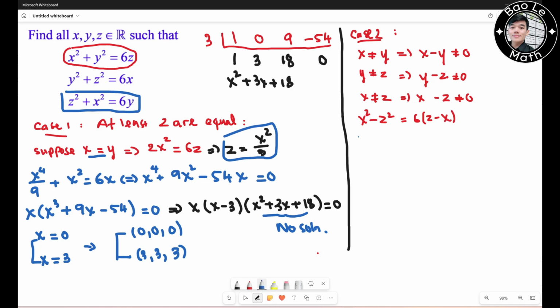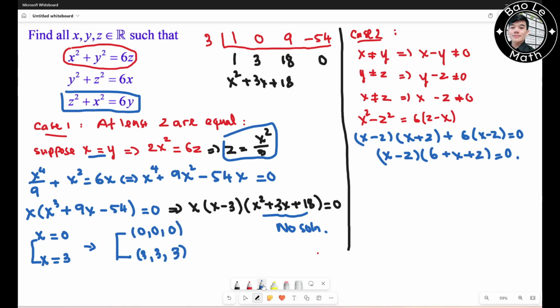Now I factor this, so it will be x minus z times x plus z, and then I bring this to the left hand side, so it turns out to be plus 6 times x minus z equals 0. I factor x minus z out: x minus z times 6 plus x plus z equals 0.